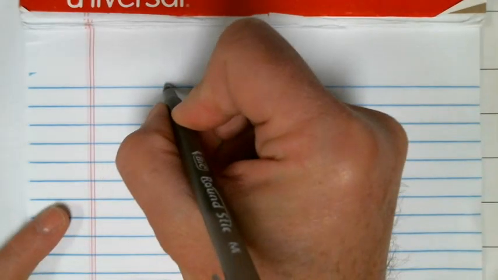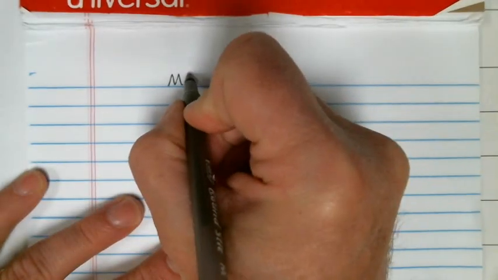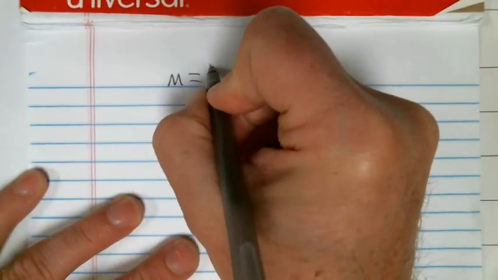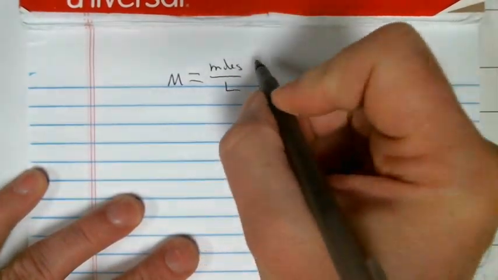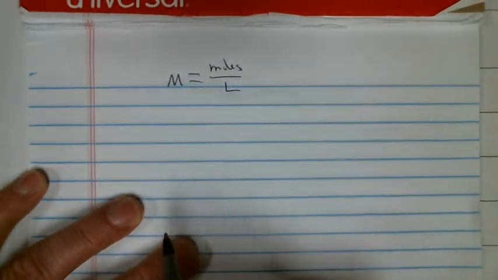Because solution stoichiometry problems in chapter 4 get really tough for a lot of people. And so instead of trying to figure out how to do it factor label wise, just always write the definition down. We have to know the definition anyway, right? Molarity is moles of solute over liters of solution.